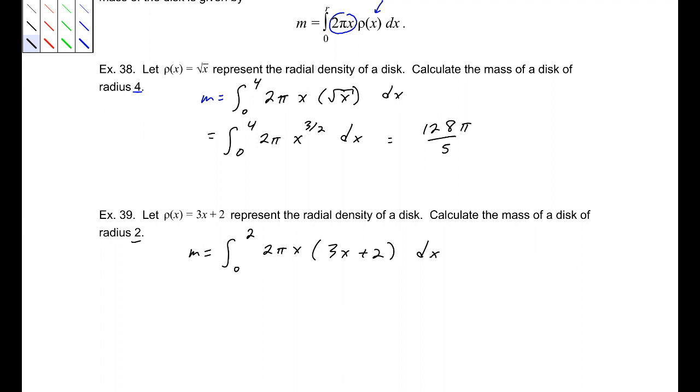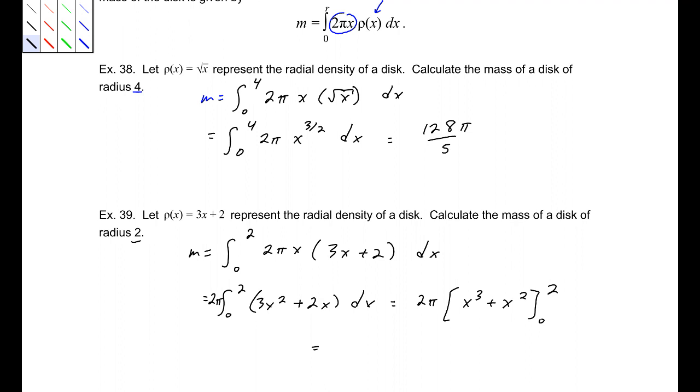I'll go ahead and work this one out just a little bit. From 0 to 2, and I'm going to factor out my 2 pi. Now, multiplying in my x, that will be 3x squared plus 2x dx, which will then become 2 pi times the antiderivative, x cubed plus x squared, evaluated from 0 to 2.